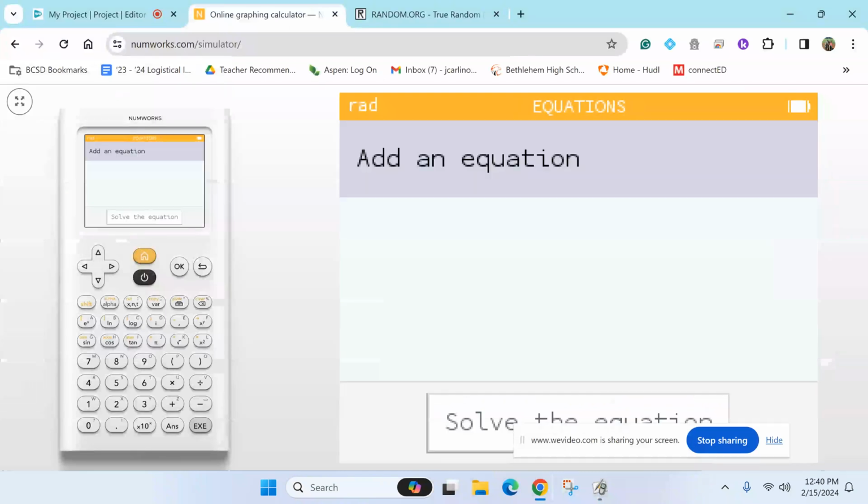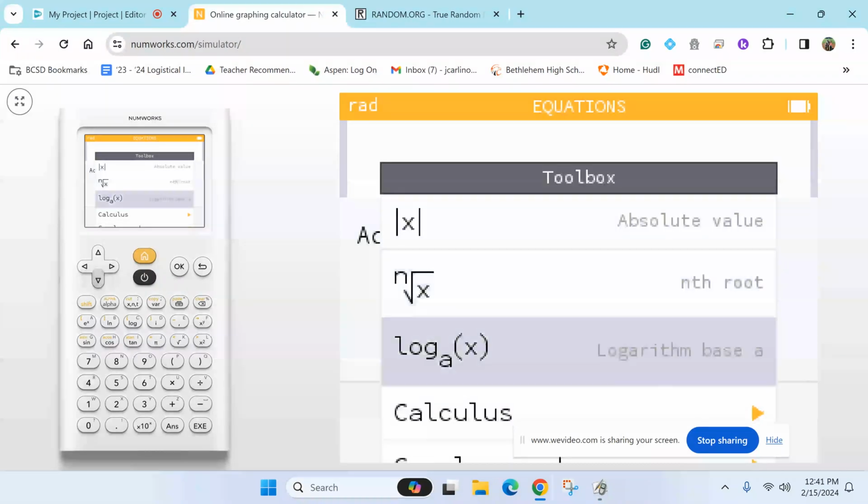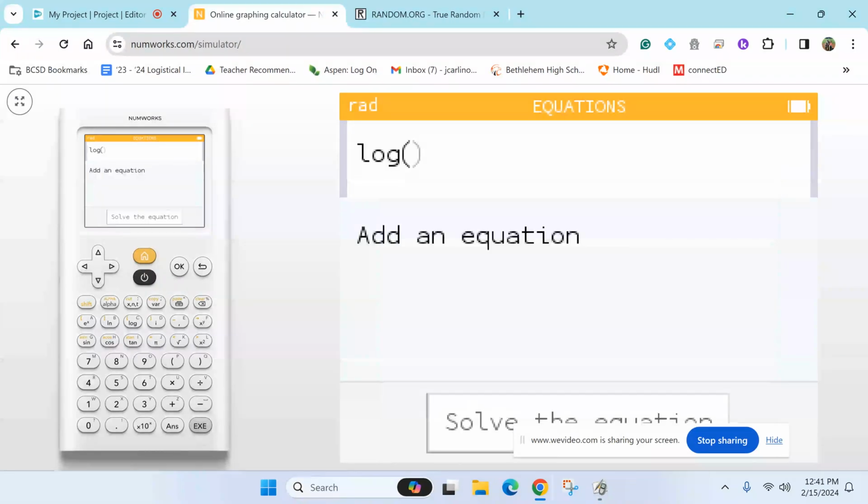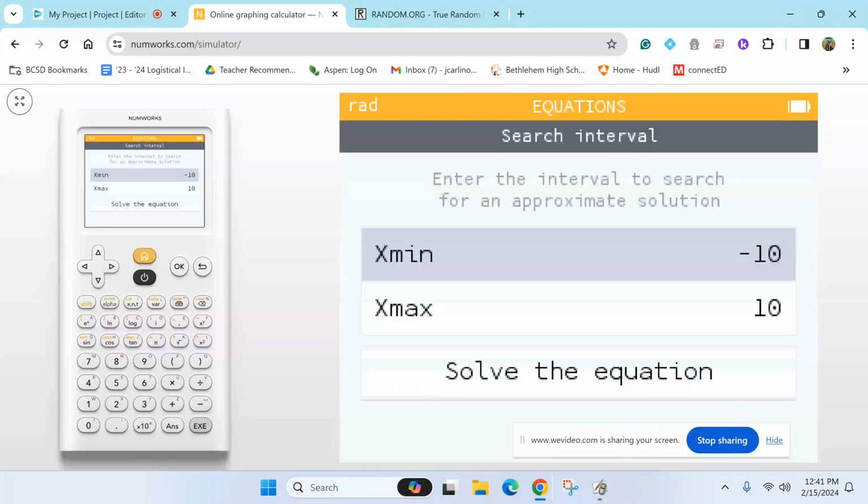So you go to the equations. Log base 4, type in the x, equals 3. Now look, we said the answer was 64, so probably not a good idea to leave it from -10 to 10.